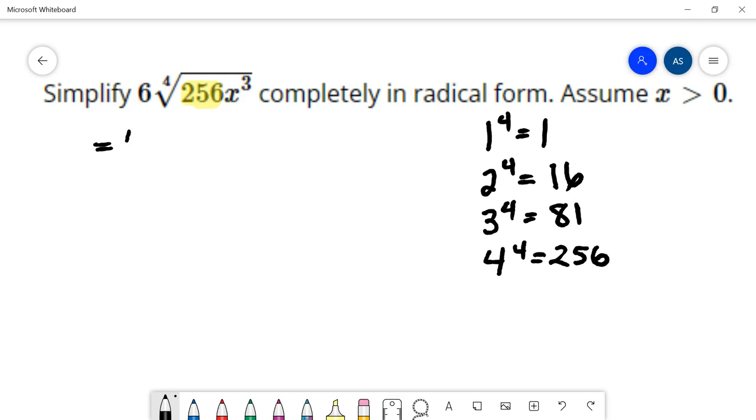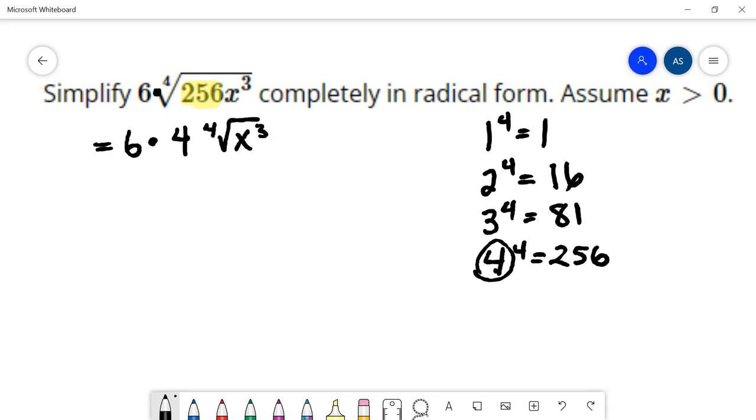So let's carry down the 6, and the operation going on in between the 6 and the radical is multiplication. So I'm also going to carry down that operation. And the 4th root of 256, we just figured out that that's 4. And I'm going to leave this variable part inside of the 4th root of x cubed.